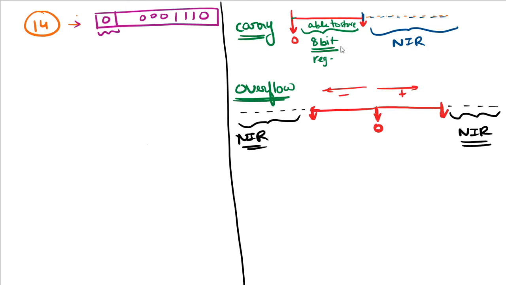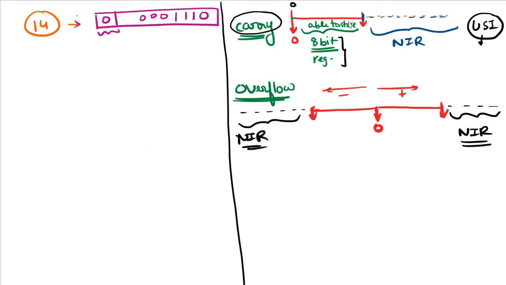So let's suppose we had this 8-bit register. How many numbers can we represent using an 8-bit register in case of unsigned integer? What is the range?